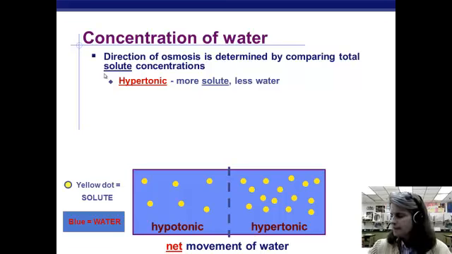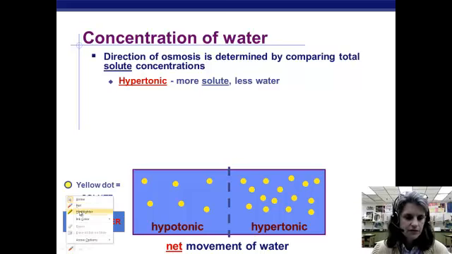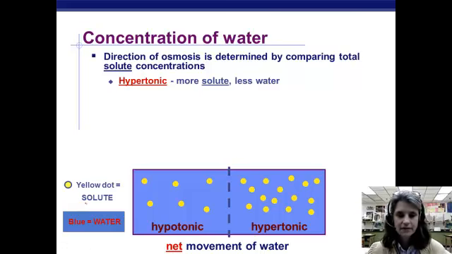So there's some vocabulary we need to deal with this, and the first word of that vocabulary is up here. Hypertonic is simply talking about a sample of water in which there is a lot of solute dissolved in the water, more solute, and because there is more solute, there is less water in a given sample.